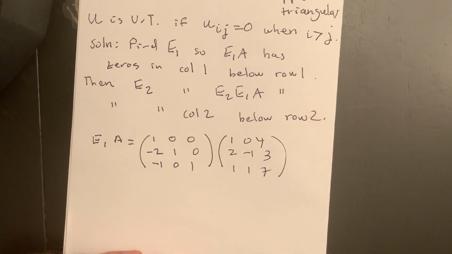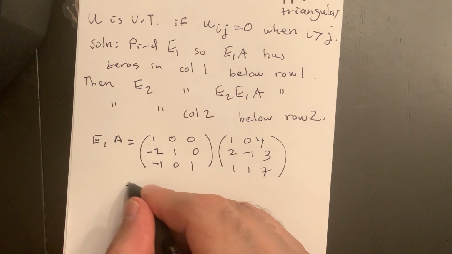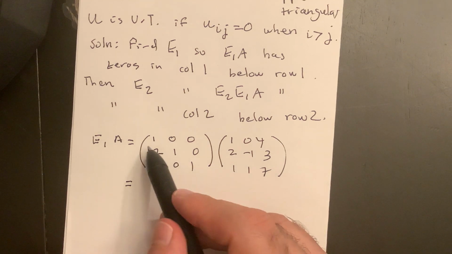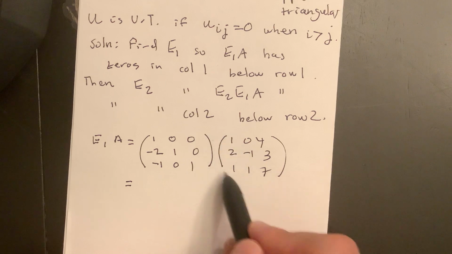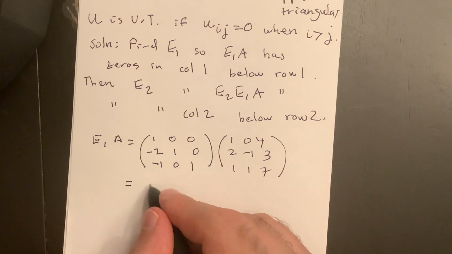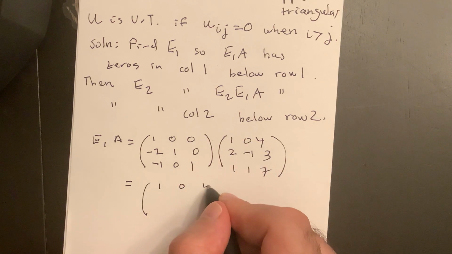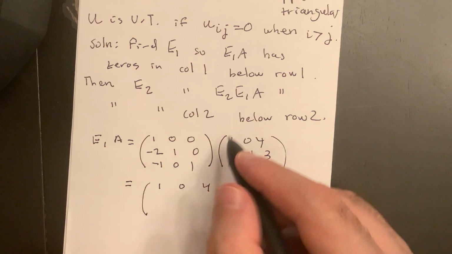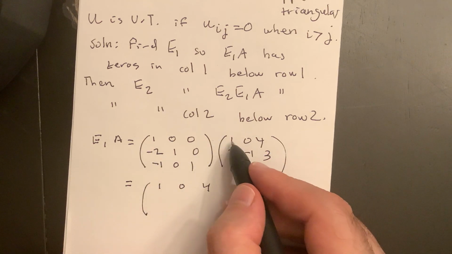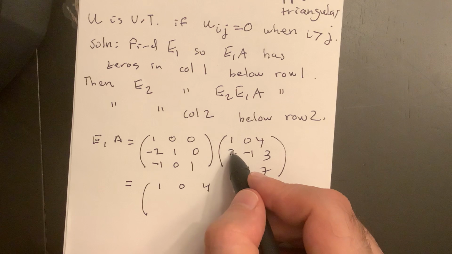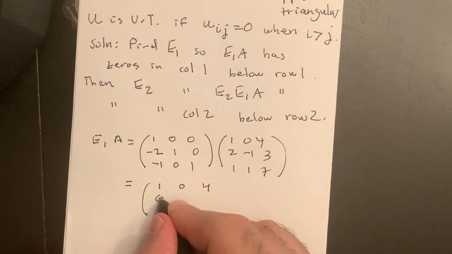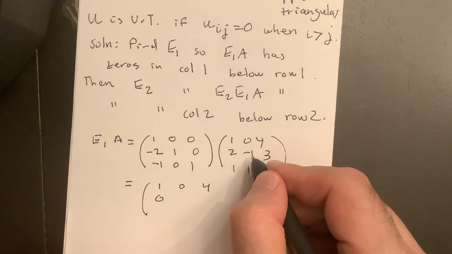And you can see, let's actually do this and see that it works. This row times these leaves me the first row, so I get 1, 0, 4. This row, when I multiply by this, I get minus 2 times the top row plus the second row, so I get 0, minus 2, 0, 1, minus 1.